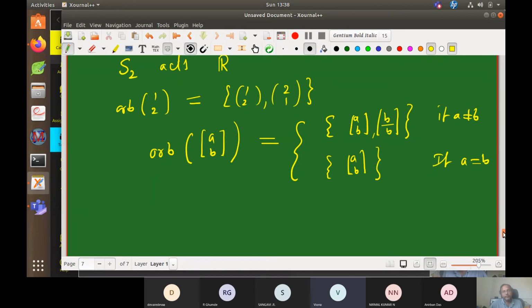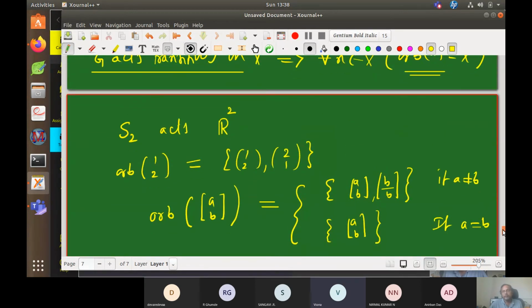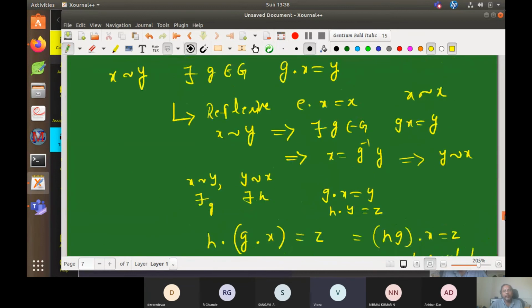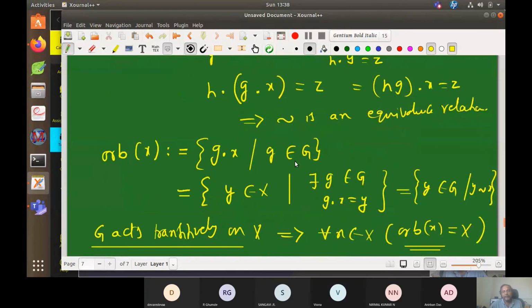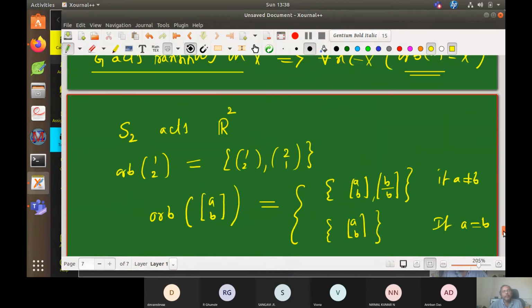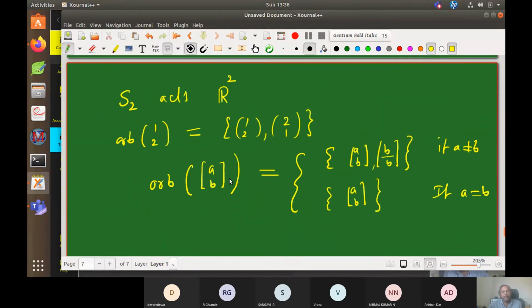S2 has 2 elements, so the maximum number of elements should be 2, because the orbit is g dot x as g belongs to G. So the maximum number of distinct elements is bounded by the number of elements of the group G. If G itself is finite, then the number of elements in the orbit is also finite. Good. So each orbit contains either 2 elements or 1 element under this action.